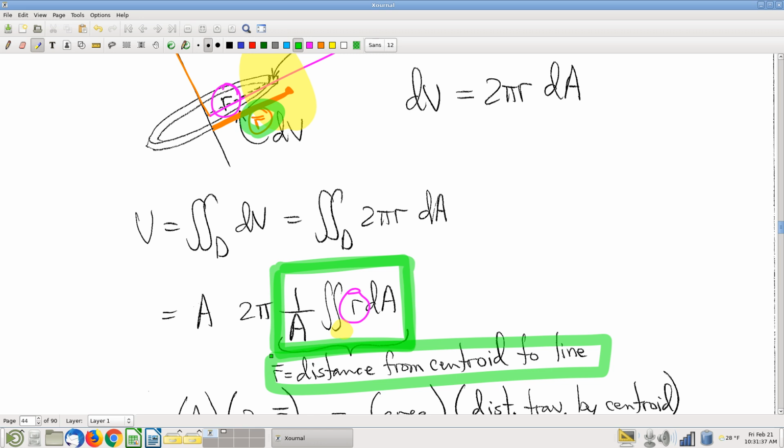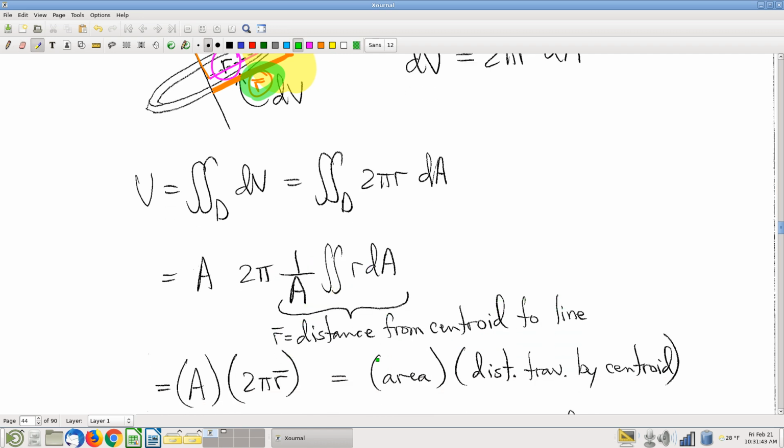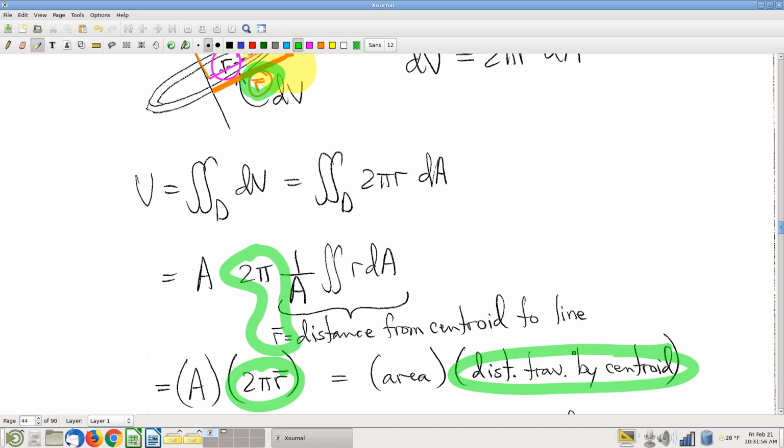This allows us, and we're seconds away from getting to Pappus's theorem, to observe that 2 pi r bar, which is what we're looking at, is the distance traveled by the centroid.